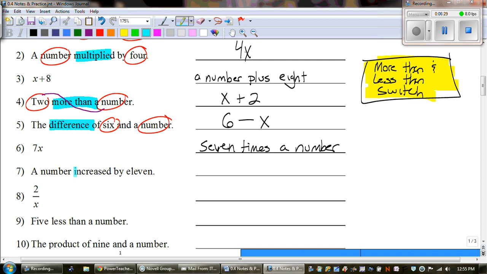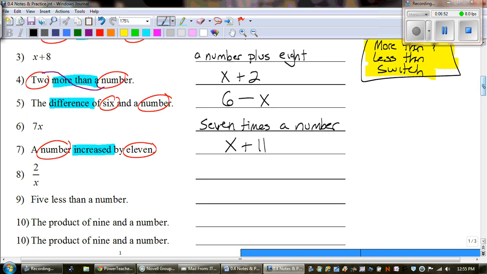Okay, 7, a number increased by 11. So increased means to add. 11 plus x. Or I'm sorry, I mixed those two around. Were you guys yelling at me? A number first, x plus 11. Order matters.